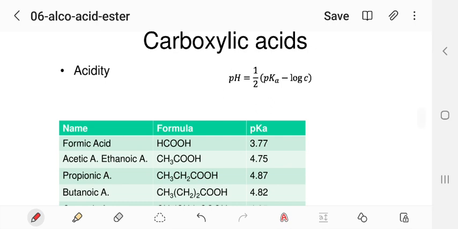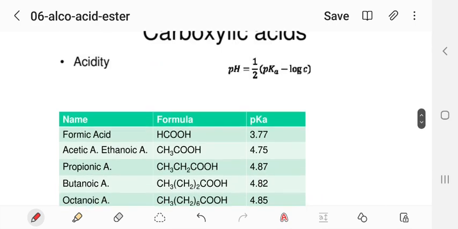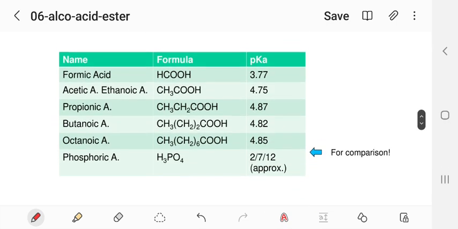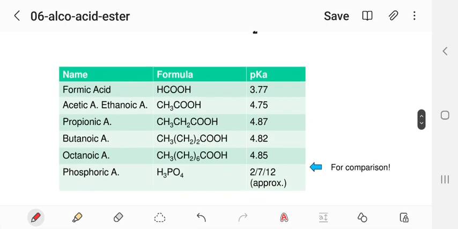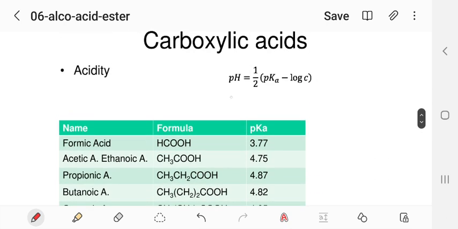This table is just to check the strength of the carboxylic acids, and you can see that all of them are just weak acids, as you can see. And you know this formula is specially to calculate the pH of weak acids.